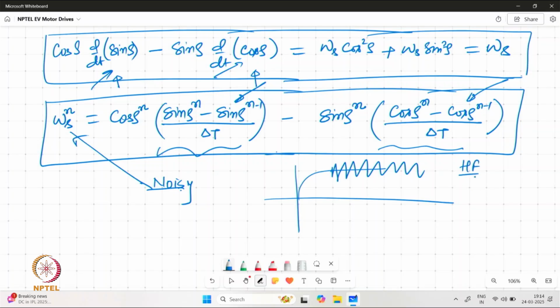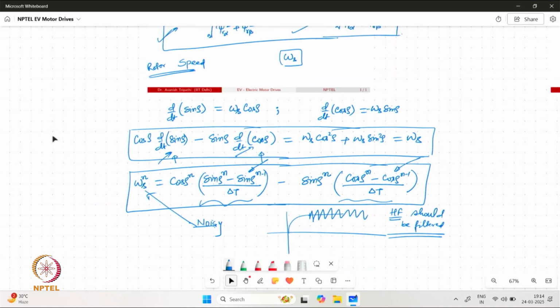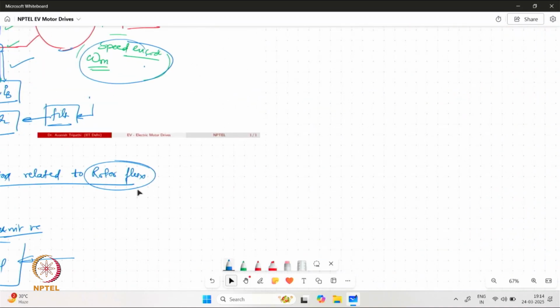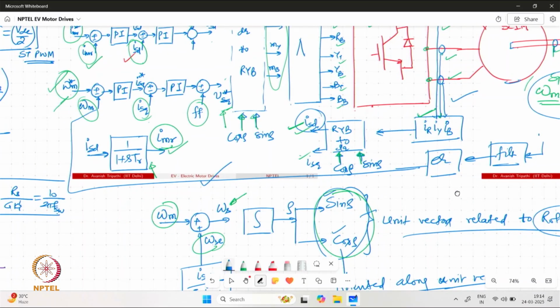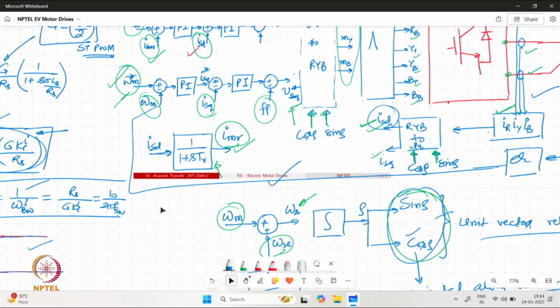So this high frequency noise should be filtered before we actually use it for our feedback control system, and this is where our feedback filter is going to be useful. So we have suggested that we are having a low pass filter in the speed feedback. So our filter is going to be helpful in removing this as well.